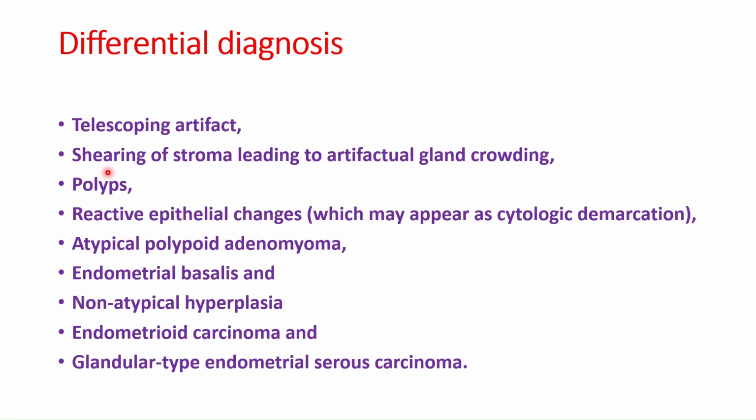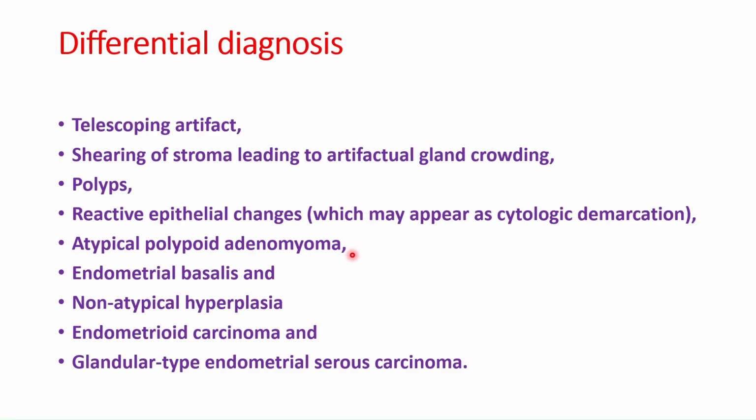So differential diagnoses are telescoping artifact, sharing of stroma leading to artificial glandular crowding. So at that time we have to see gland-to-stroma ratio and compare it with normal endometrium. Polyps, reactive epithelial change which may appear as a cytological demarcation, but again we have to keep in mind the glandular stroma ratio and nuclear and glandular features.